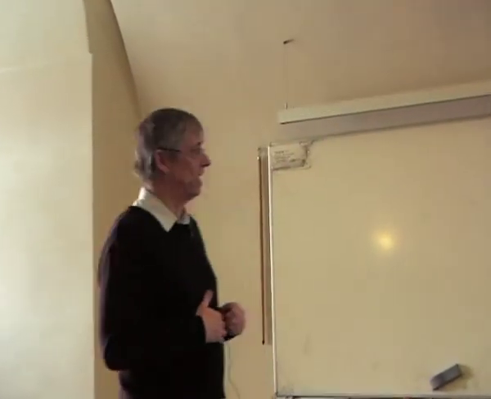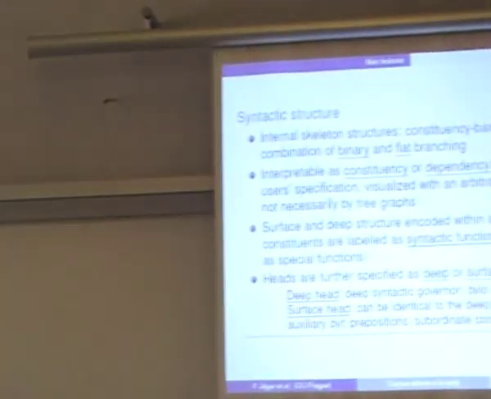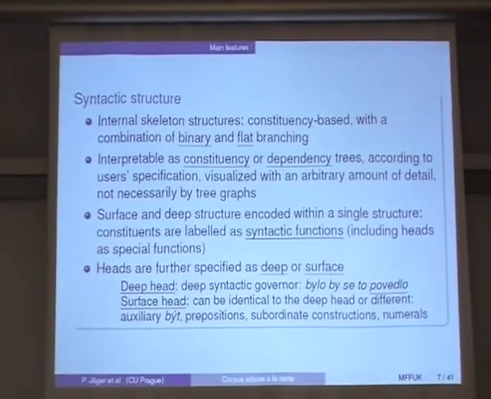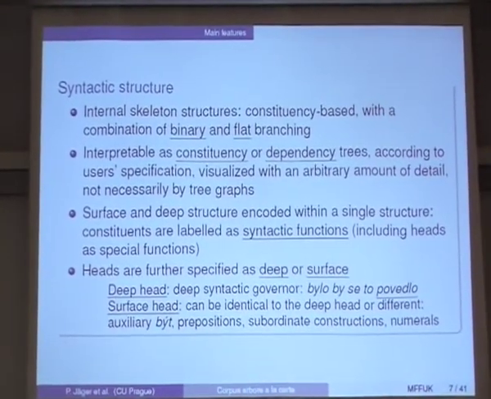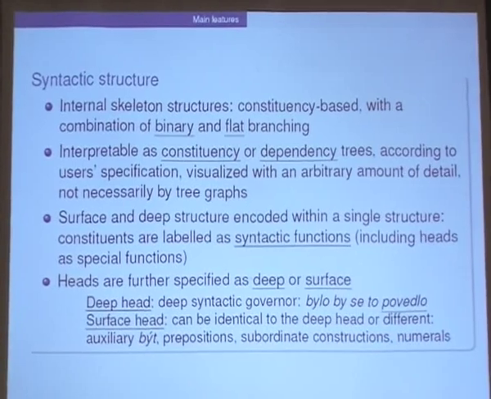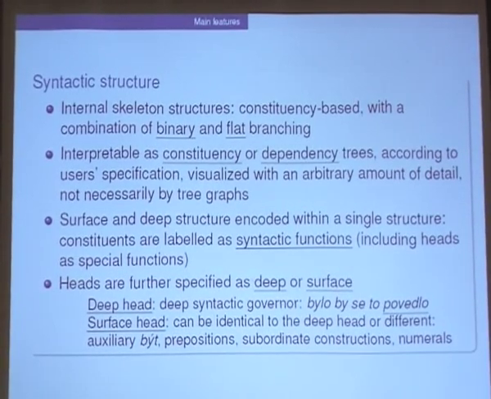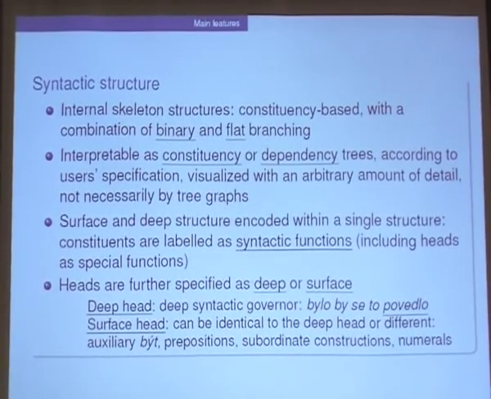These are surface heads. So here we can distinguish between these two kinds of heads. Very often, deep and surface heads are identical. For instance, in endocentric constructions, an attribute and a noun, where the noun is always both deep and surface head. Therefore, we also use the term head for the conjunction of these two kinds of heads.